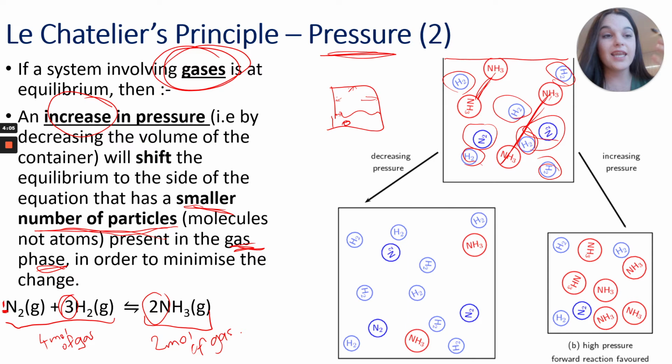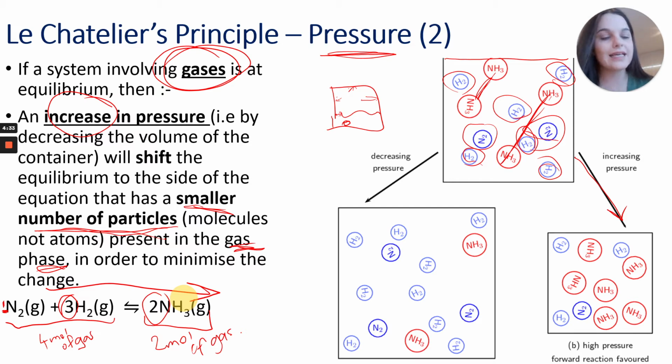Now if I increase the pressure, so I'm going to squeeze it into a tighter space here, I'm going to have higher pressure, and I'm going to favor the reaction direction that makes the smaller number of particles of gas. So in this case, it's going to favor the forwards direction, because I'm going to only make 2 moles of gas versus making 4 moles of gas.